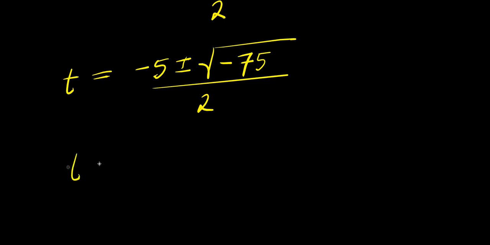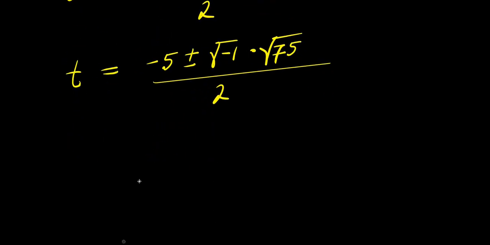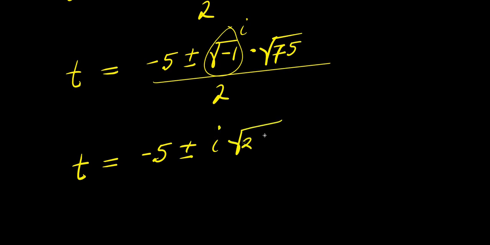So from here, you have t equals negative 5 plus or minus square root of negative 1 times square root of 75, divided by 2. So from here, I have t equals negative 5 plus or minus i times square root of 75. I can express it as 25 times 3, divided by 2.